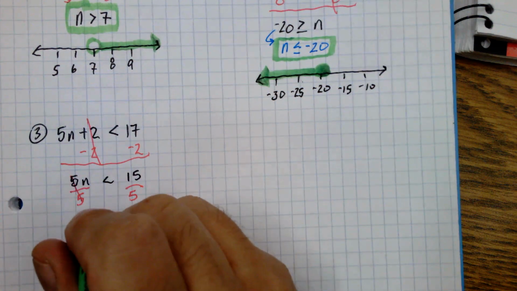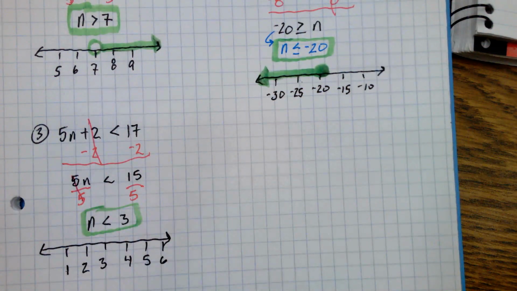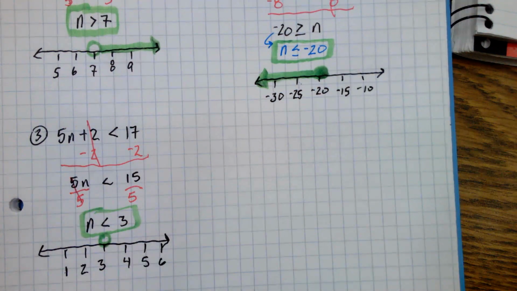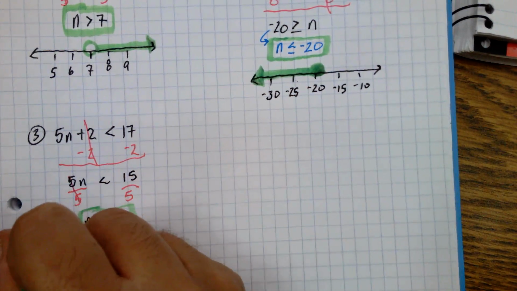So this was our answer. We want 3. Do we want open or closed point? Open. Doesn't have the equal to part, so 3 is not part of the answer. And we want everything less than that. So everything this way.